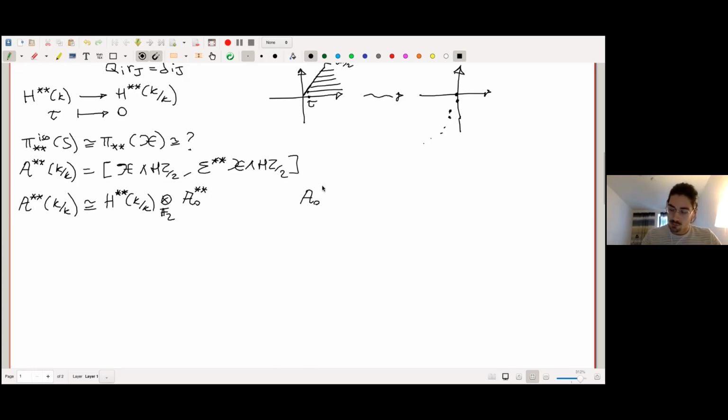Now we can describe this A0: essentially it's an F2-algebra generated by Steenrod squares in the bidegrees prescribed by the usual motivic Steenrod algebra, and then we mod out by some isotropic Adem relations. These isotropic Adem relations are obtained from the motivic Adem relations by setting rho equals 0 and tau equals 0. So we don't get the usual topological Adem relations, but some kind of twisted version of them.